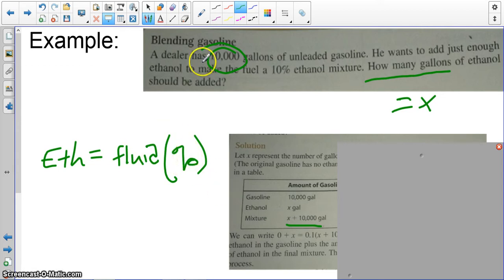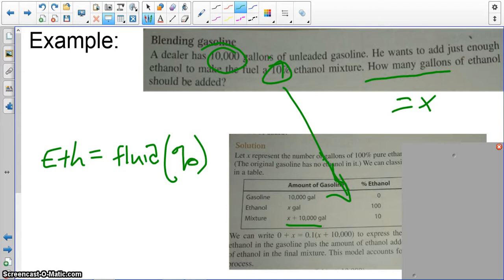So it's always the amount of fluid times the percent. The second column they have here, and it's frequently a situation like this, is just what the percents are. Gasoline has no ethanol, so that's going to be 0. Ethanol is 100% ethanol, so it's going to be 1. And your mixture, and this is the tricky one, is supposed to be 10%.